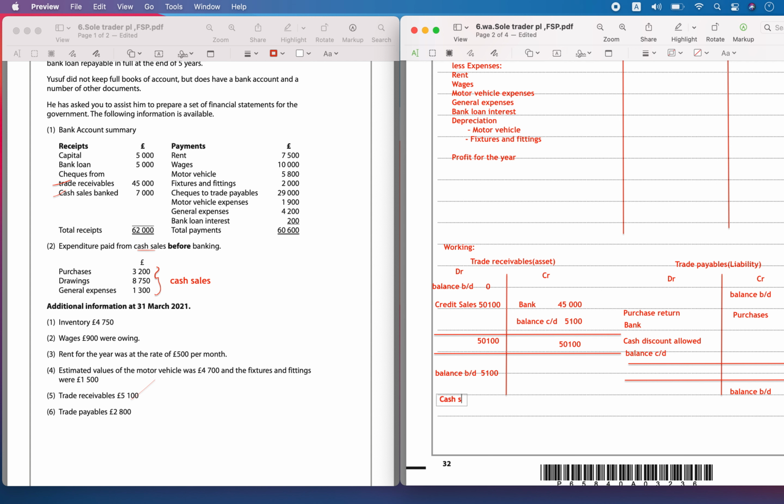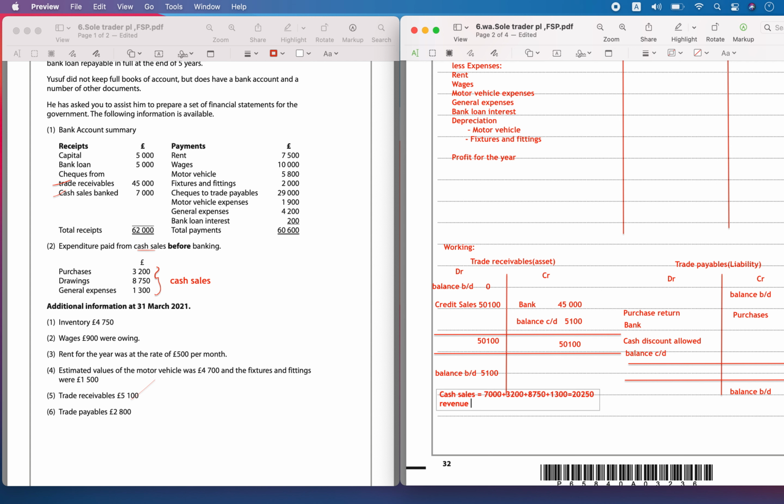Now from the cash sales we will calculate. Cash sales: 7,000 was banked, plus 3,200 was paid, plus 8,750 was paid, plus 1,300 was paid. So let's calculate this amount: 7,000 plus 3,200 plus 8,750 plus 1,300 is equal to 20,250.